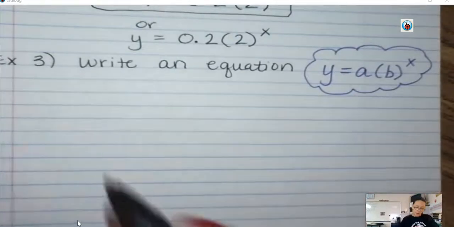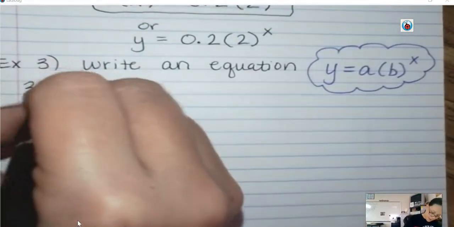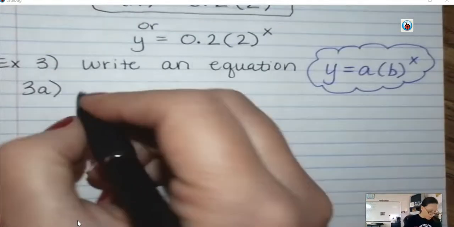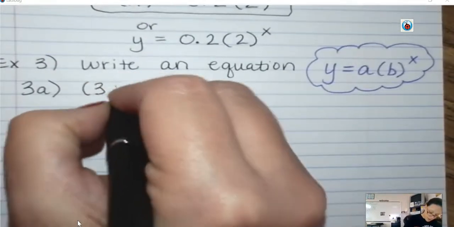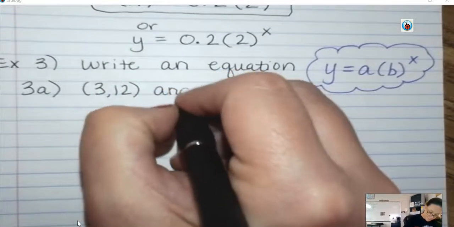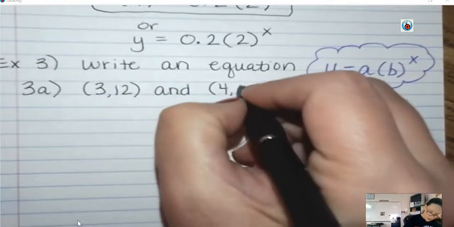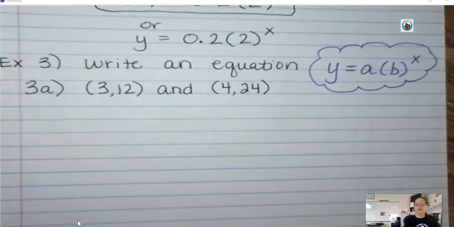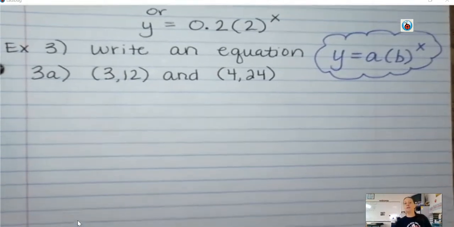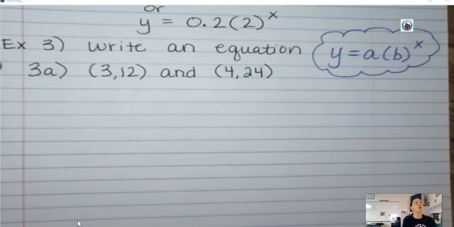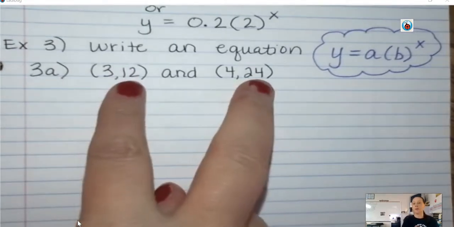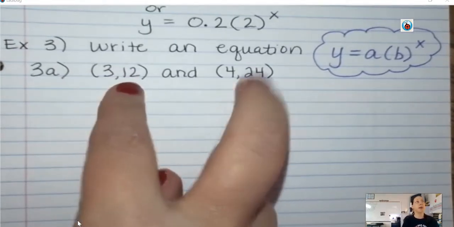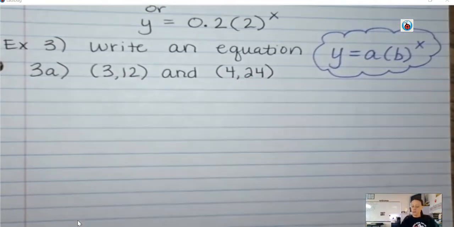So you're going to write an equation for a line or a curve that goes through 3, 12 and 4, 24. Okay, this comes up on your test. So we have these 2 points, and I have a curve that goes through them, and I need to come up with the equation.